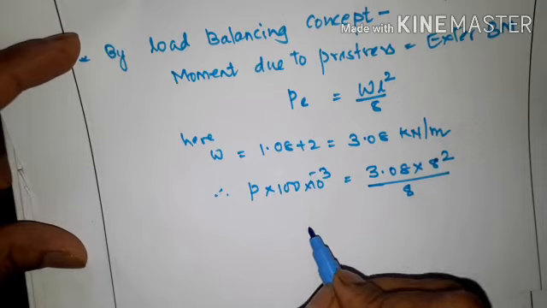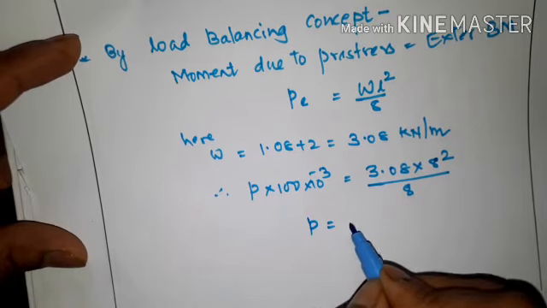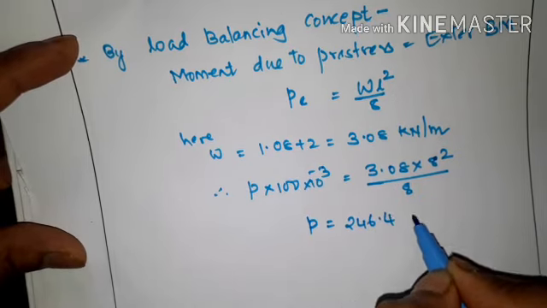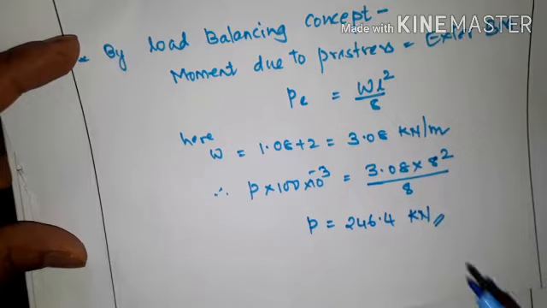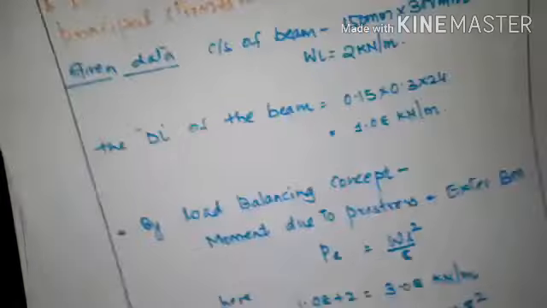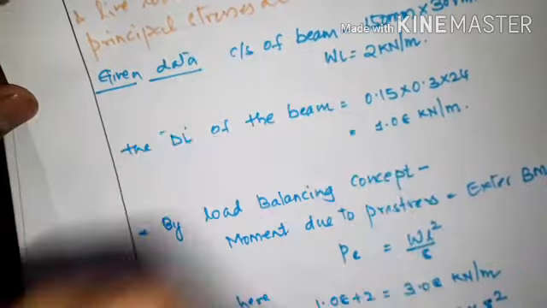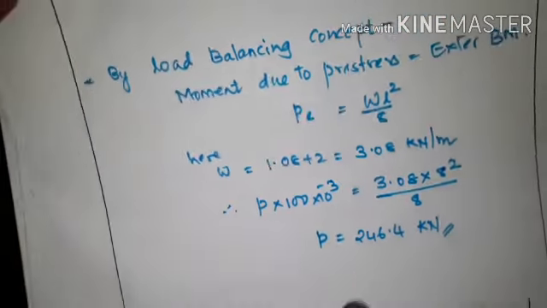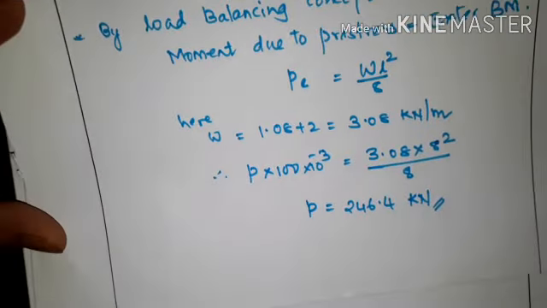So we will get the pre-stressing force P as 246.4 kilonewton. First we have calculated the pre-stressing force they asked for, which is 246.4 kilonewton.